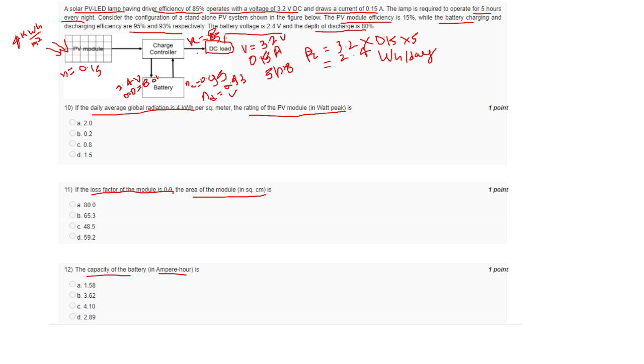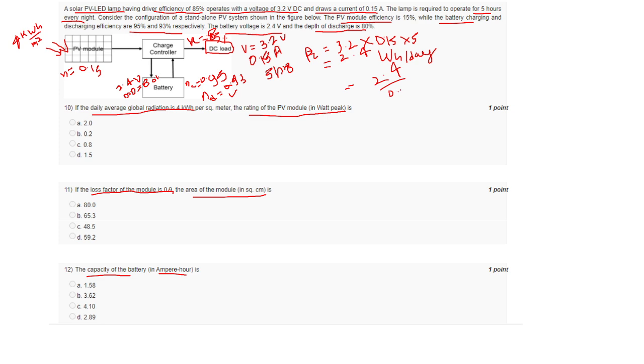Now the actual amount of energy required, considering that the driver has 85% efficiency, will be 2.4 divided by 0.85, right?